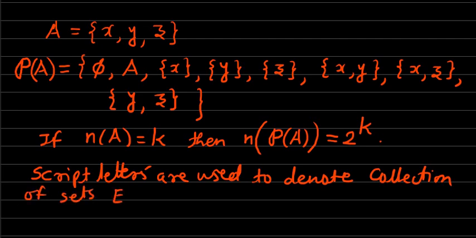For example, we'll use notations such as script A. This is the notation that we'll use to denote a collection of sets. Similarly, we can use script B and so on. Likewise, we can use such notations to denote collections of sets.